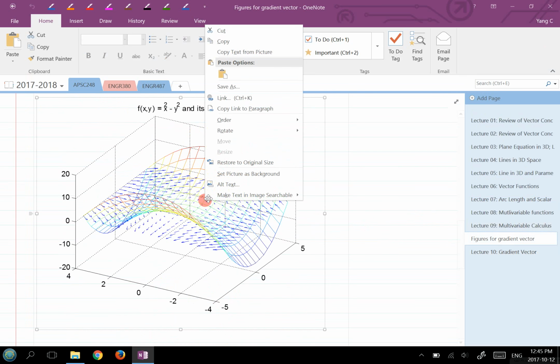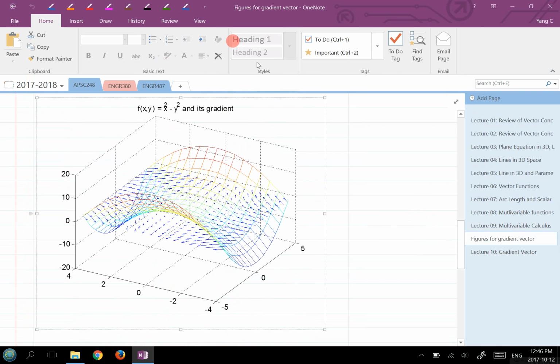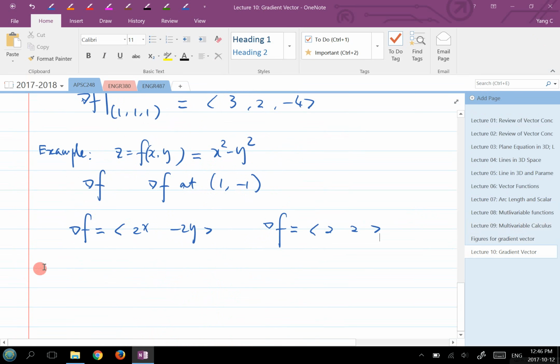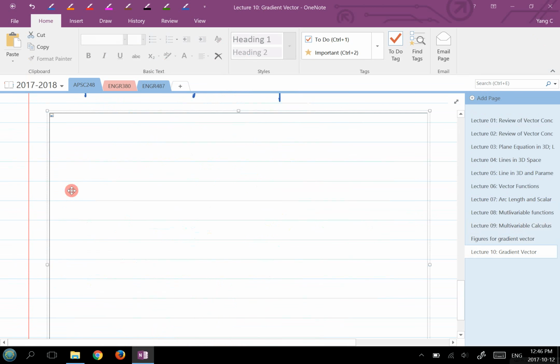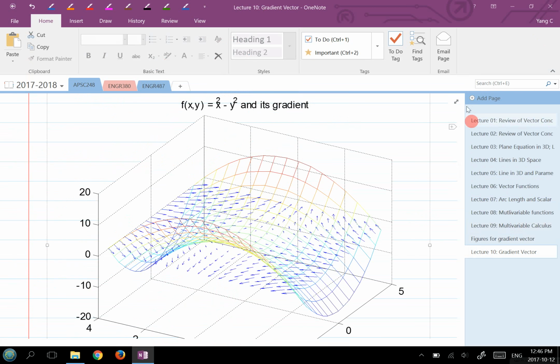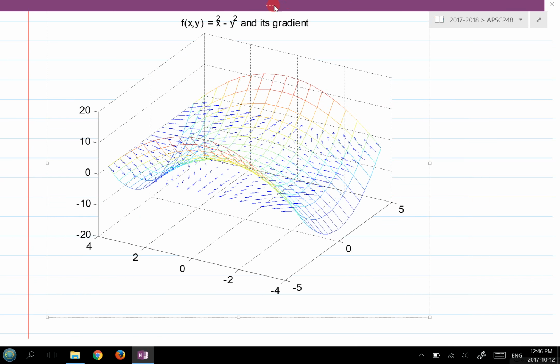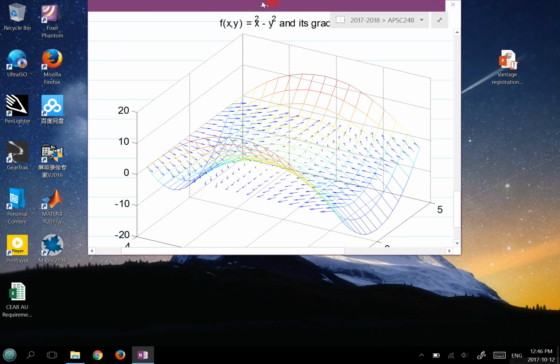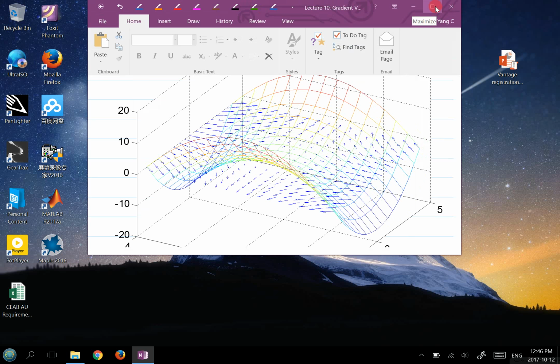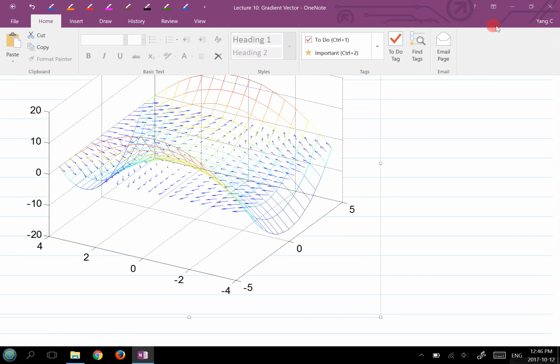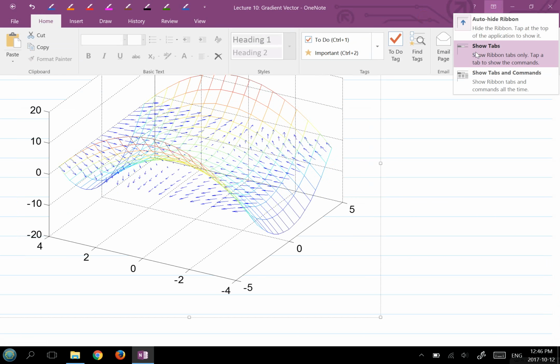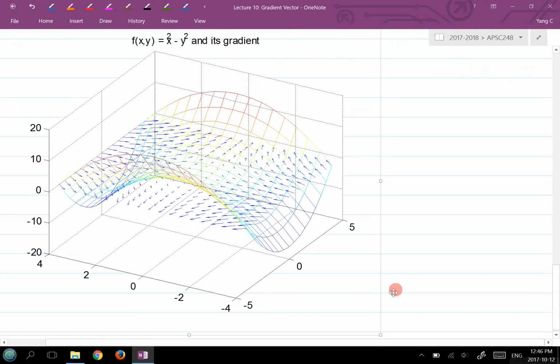For a typical one, make it a little smaller here.